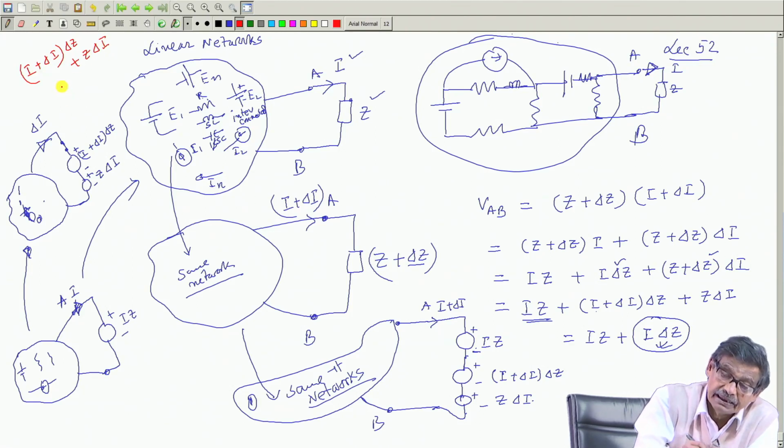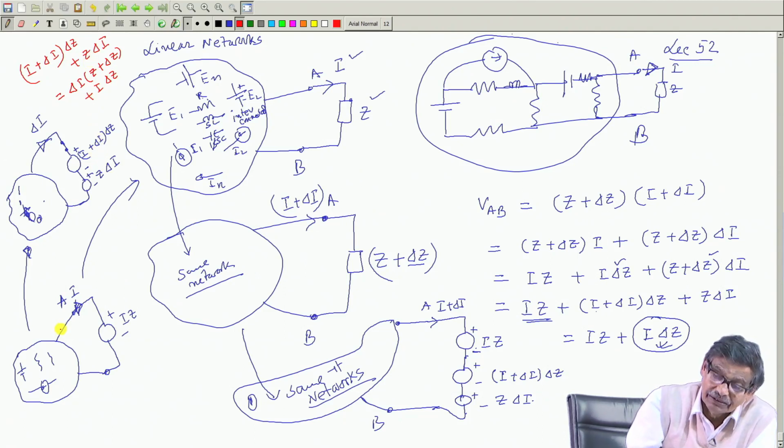Now, this can be written as delta I into (Z plus delta Z) plus I into delta Z. These two things can be written like this, is it not?